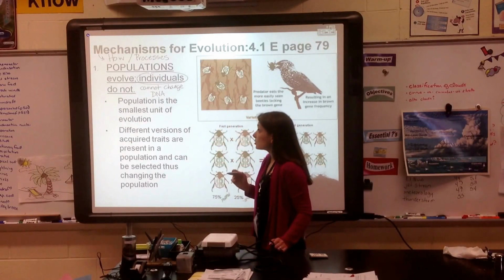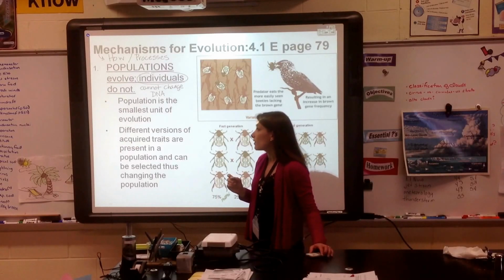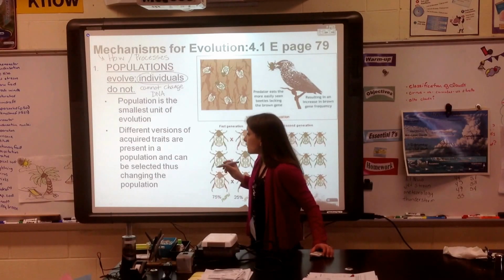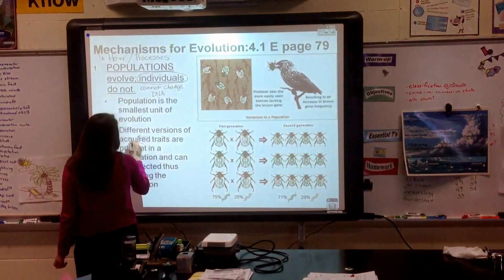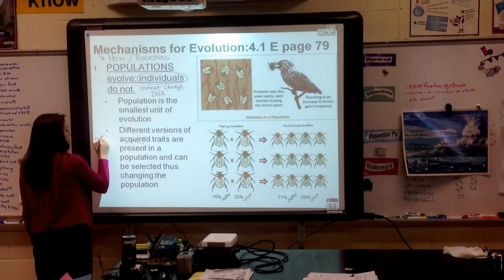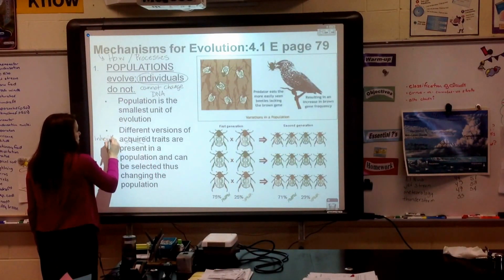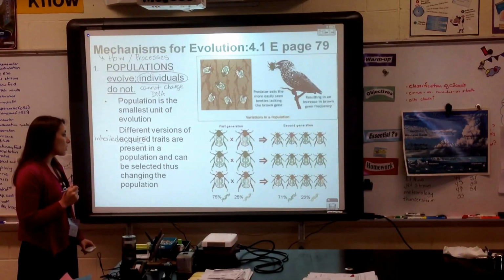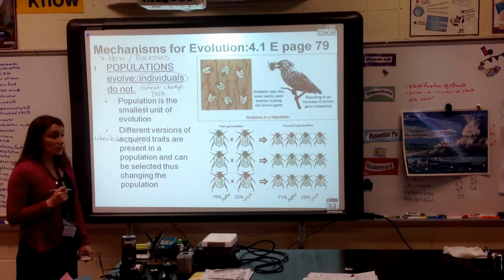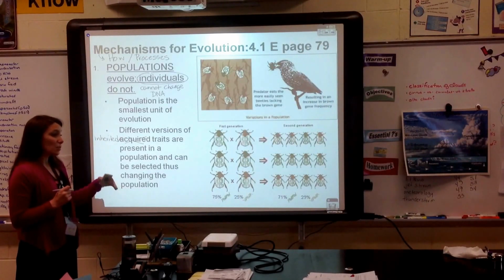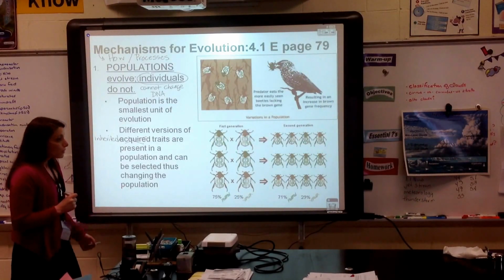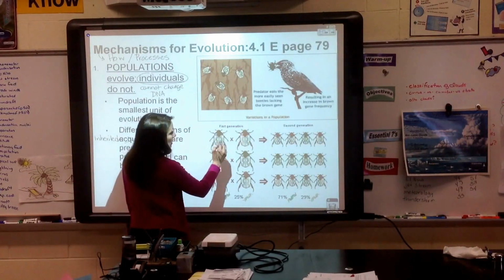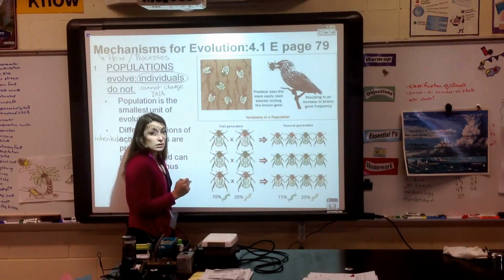So the population is the smallest unit of evolution. Different versions of not acquired, we need to change this to inherited. Different versions of inherited traits are present in a population and can be selected, thus changing the population. What this means is that your DNA determines your physical appearance.